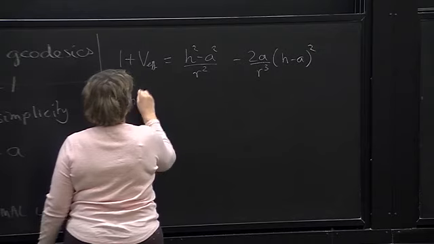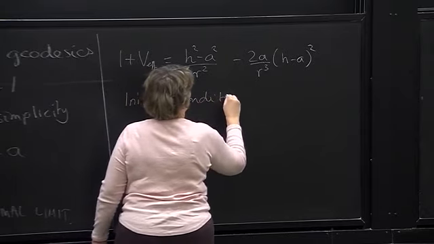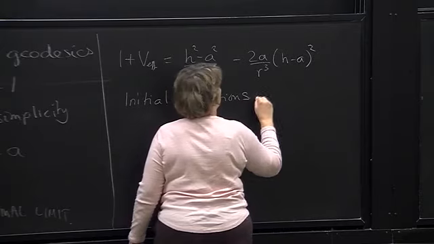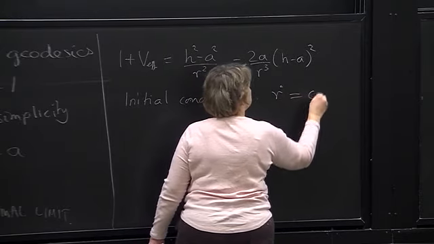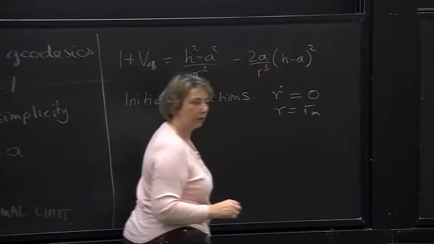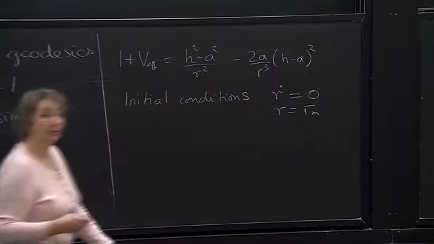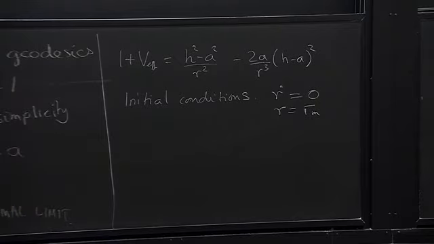So my initial conditions are that r dot is 0 and r is some r_min, which I'm going to argue is bigger than or equal to a. In other words, I'm going for this as being my event horizon.